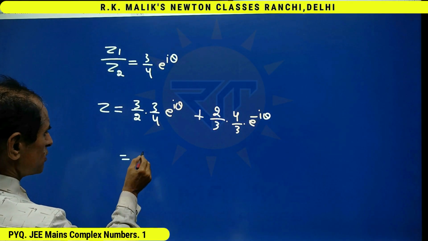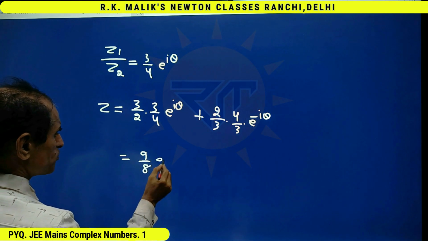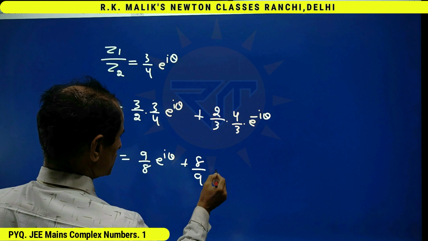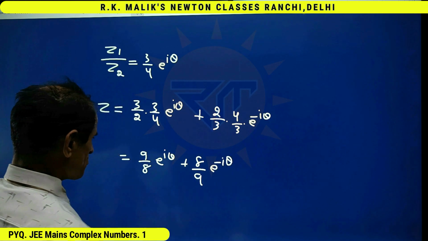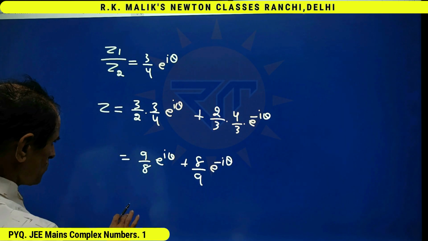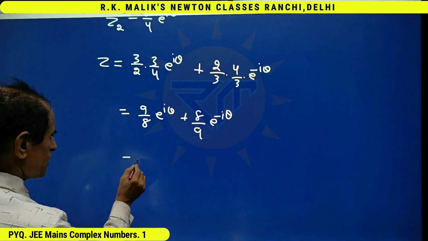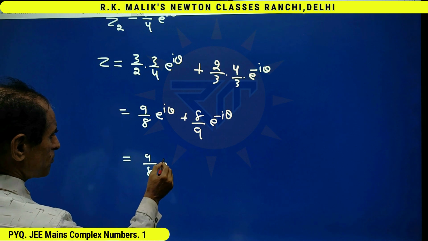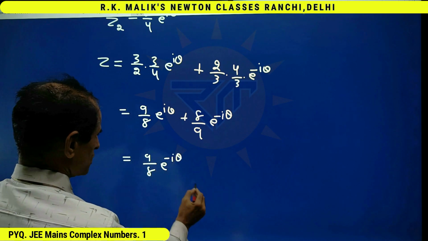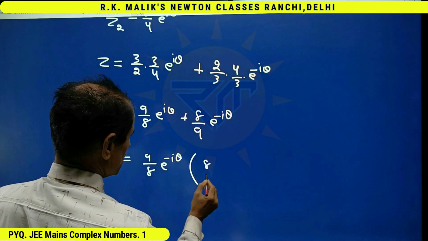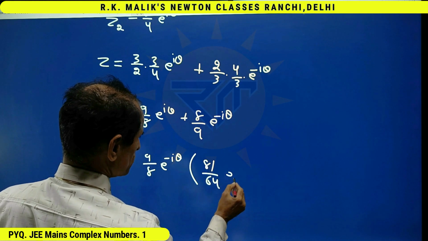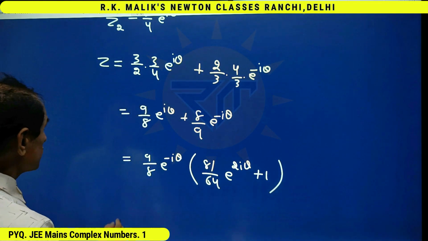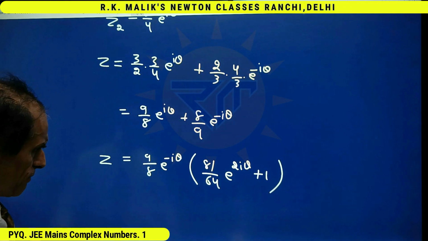That is, it becomes 9 by 8 e power I theta plus 8 by 9 e power minus I theta. It can be written as 9 by 8 e power minus I theta into 81 by 64 e power 2 I theta plus 1. It is the value of z.